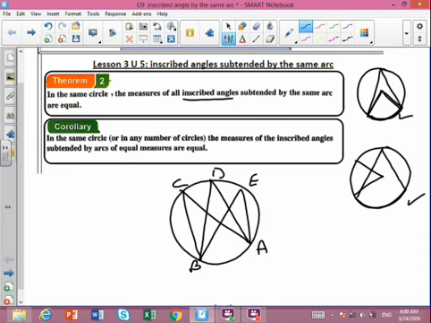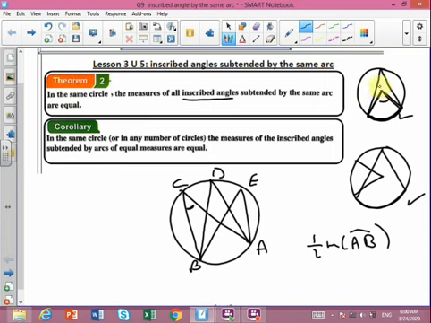For example, the measure of angle C will be half the measure of arc AB. Why? Because we said before that the measure of the central angle equals the measure of the arc suspended by it.